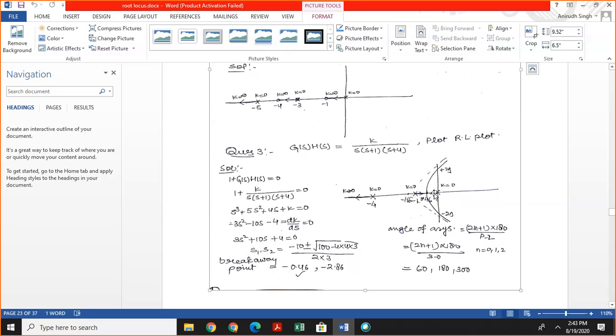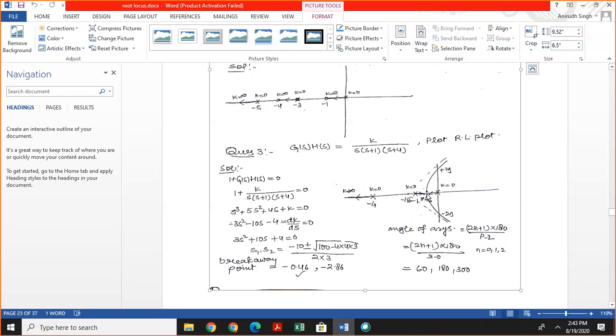In this case, this is the region where the root locus lies, because to the right of this region the sum of poles and zeros is 0, which is an even number. So there is no root locus here.